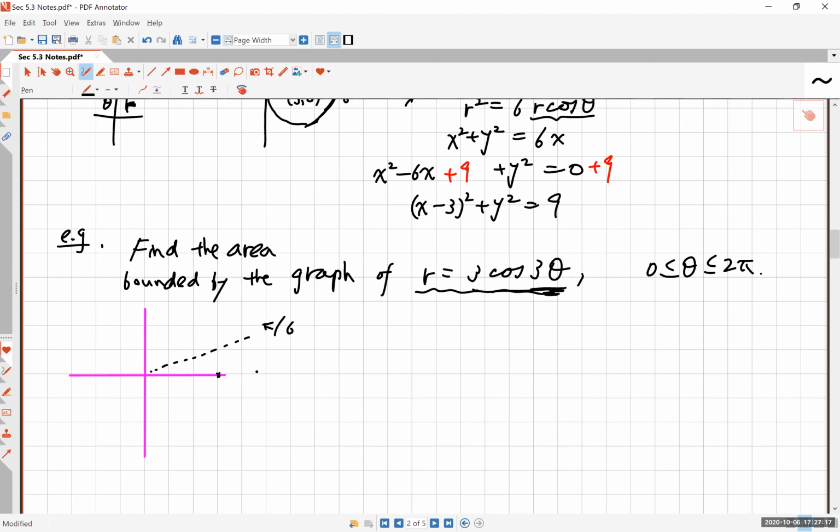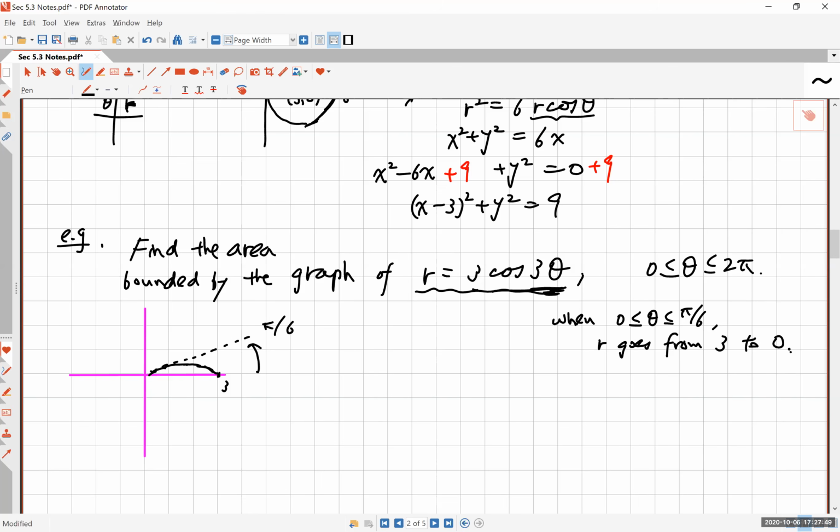So between 0 and pi over 6, r goes very quickly from 3 down to 0, so it becomes somewhat like this. When theta is between 0 and pi over 6, r goes from 3 down to 0.